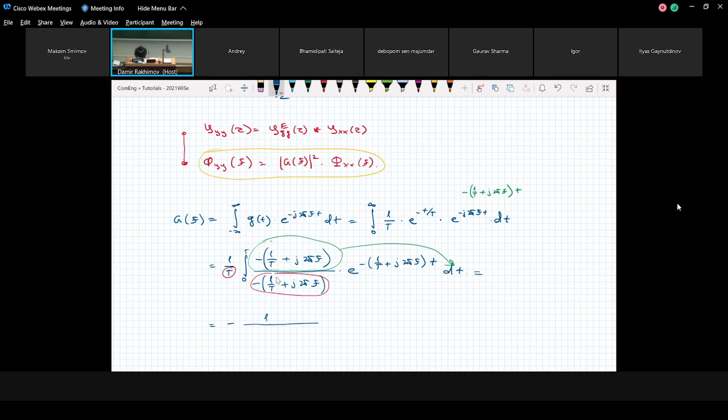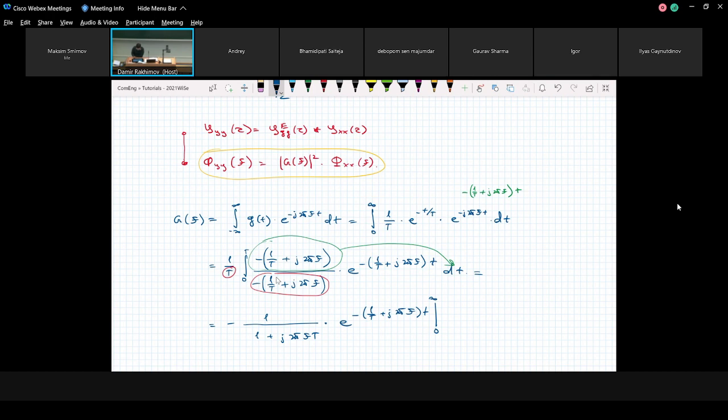That we have 1 over, no, not T, 1 plus j 2 pi f capital T times exponential function minus t times one over T plus j 2 pi f, with limits from 0 to infinity.